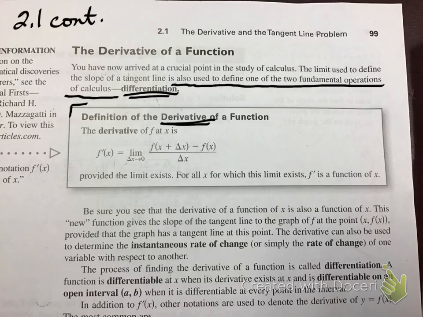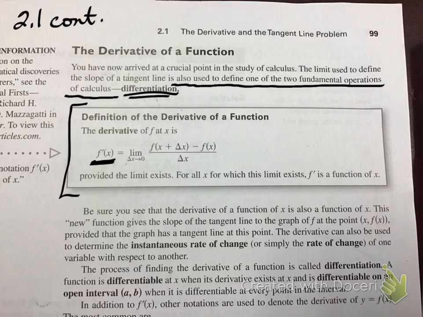So let's go ahead and write this down in our notebooks, the definition of the derivative of a function. The derivative of f at x, a symbol for derivative, is f prime of x. It is equal to the limit as delta x approaches 0.